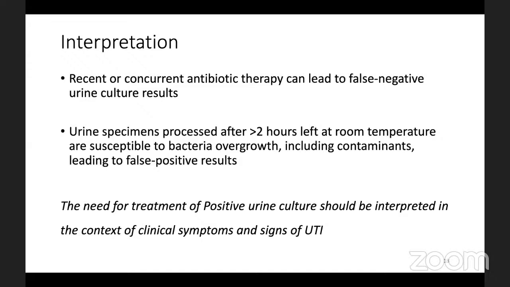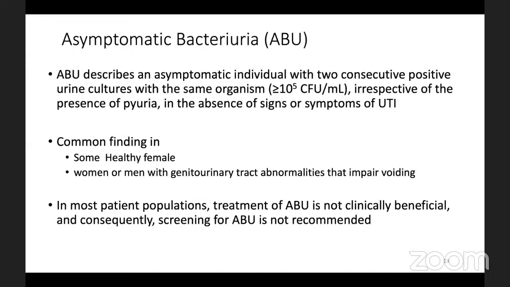It is paramount, very important, to know that you need to treat UTI by comparing the positive urine culture with clinical symptoms. It is not every positive urine culture that shows that the person has an infection. And this leads me to talk about what we call asymptomatic bacteriuria, ABU.